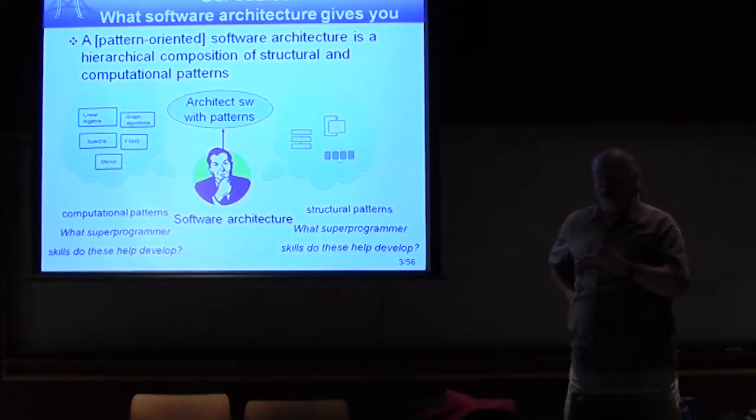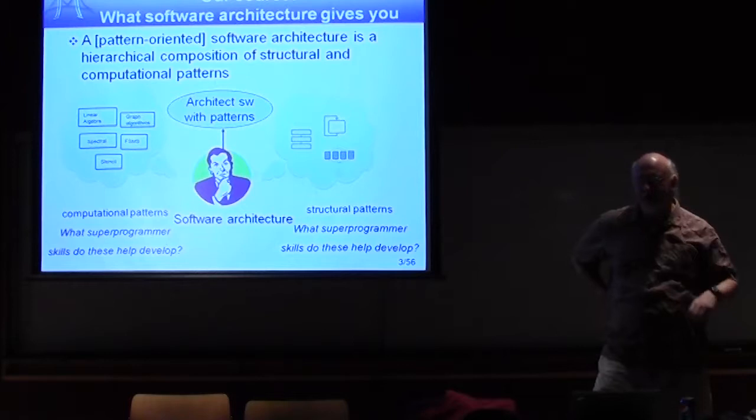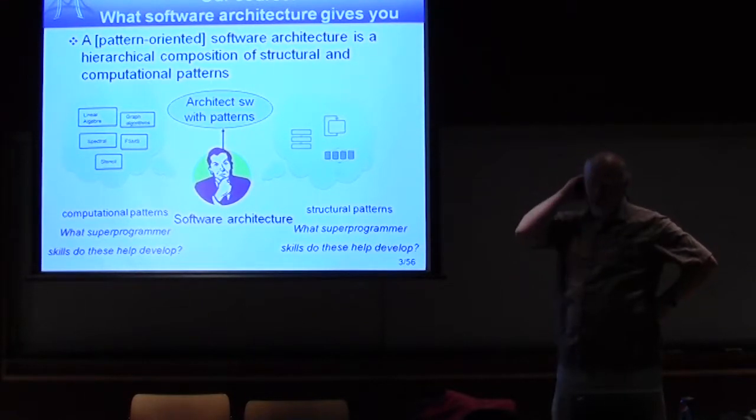Oh, go ahead, George. Okay, so structural patterns are more like a generally mathematical approach, I believe. And computational patterns, I'm sorry. Right. And the structural patterns are more like a software design approach. Right.